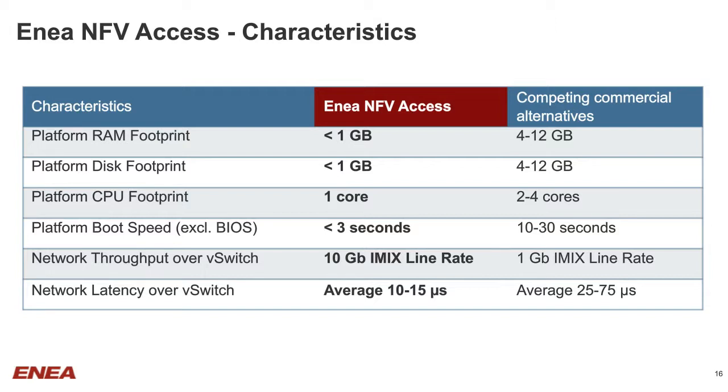And here's where the lifecycle management interface, or MANO interface, becomes important. Because if you don't select this interface carefully, you can end up with that component being 10 times larger than the actual platform. If you look at, for example, OpenStack, and you integrate that without any optimization, you could be looking at up to 12 gigabytes of memory footprint on the platform.